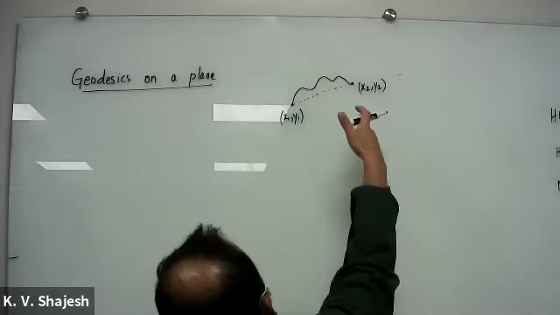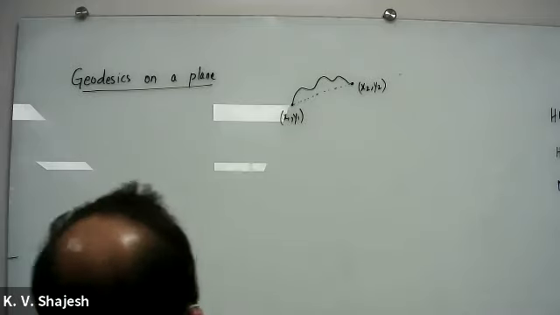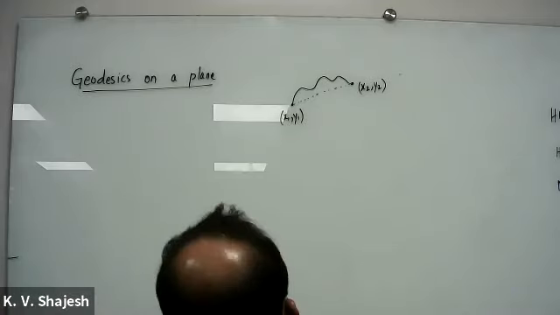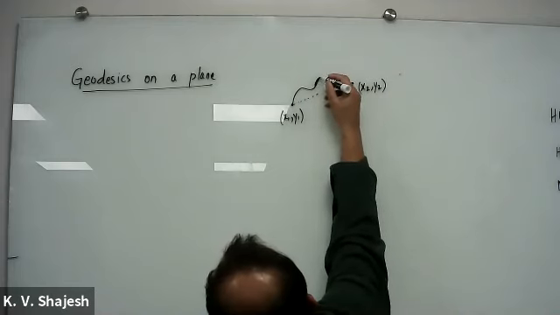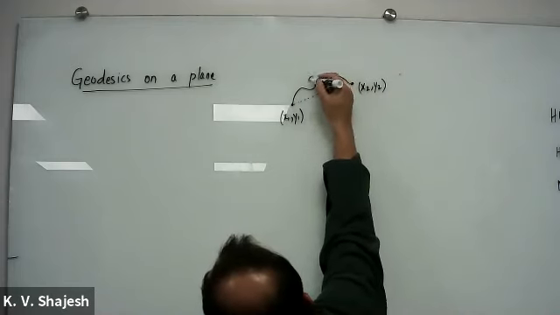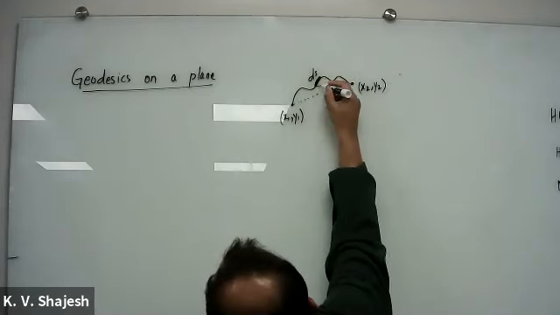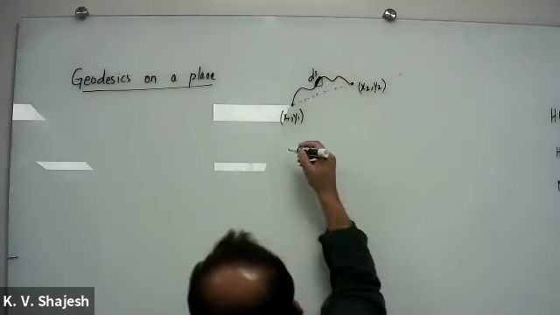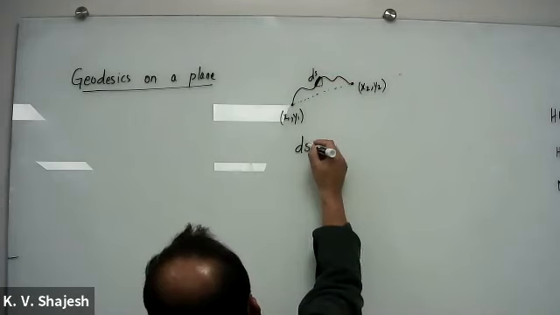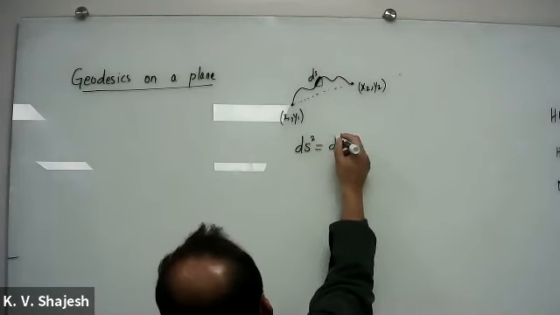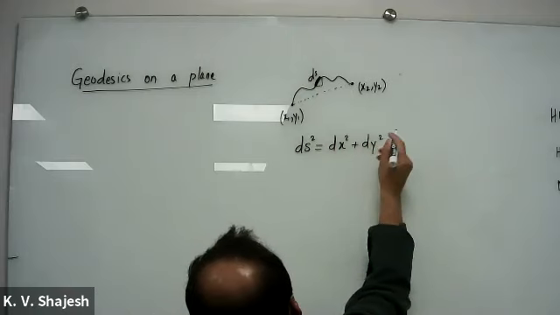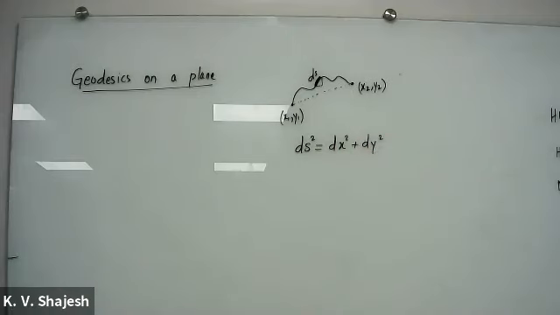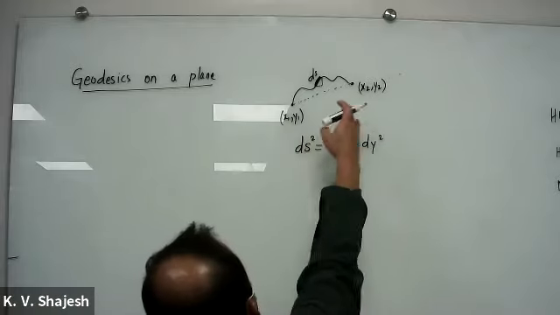But let's see that it is indeed a minimum. If you have a small element there, that's your ds, you can form a triangle there, and ds square is equal to dx square plus dy square. So that's the distance between any 2 points. Where do you get that equation from?